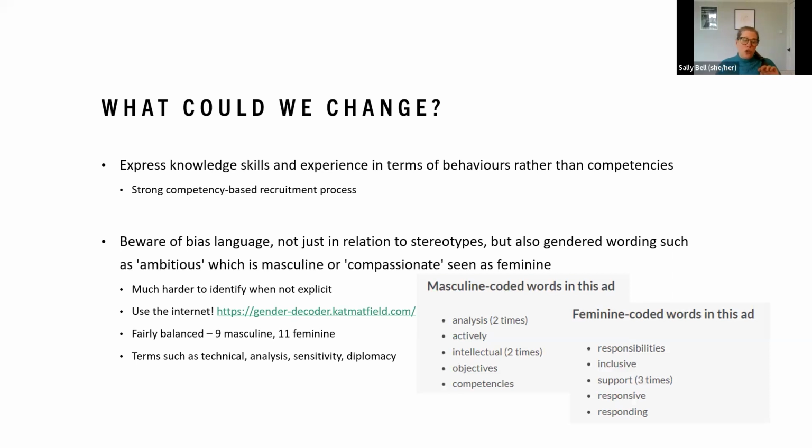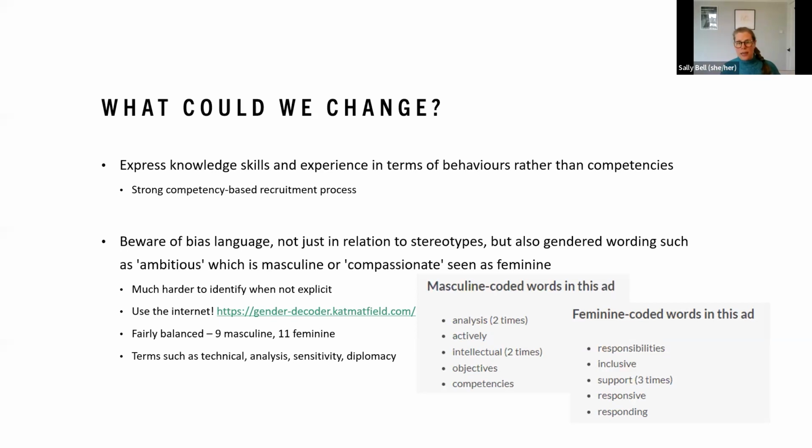But I used an internet tool called Gender Decoder to run the text of the job description through, and it tells you the masculine coded words and the feminine coded words in the advert. And actually, the whole job description was fairly balanced. We had a total of 9 masculine terms, some of them repeated, and 11 feminine terms, also some of them repeated. So subconsciously, perhaps a complete fluke, we had done a reasonable job on that.